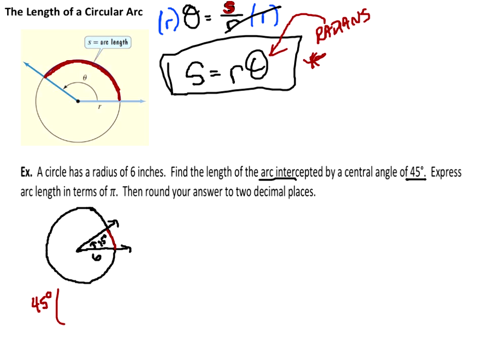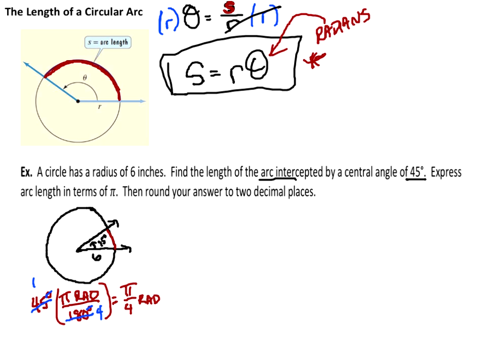So 45 degrees times, what we learned a few slides ago, pi radians over 180 degrees. My degrees divide out. 45 goes into 45 once, and it goes into 180 4 times. I end up with the fact that 45 degrees is equivalent to pi over 4 radians.